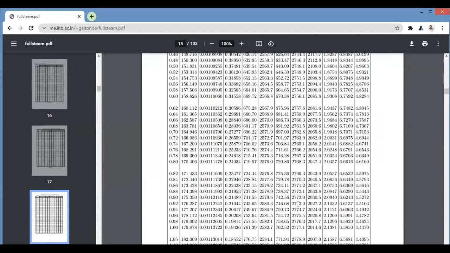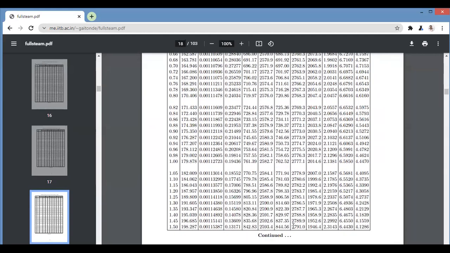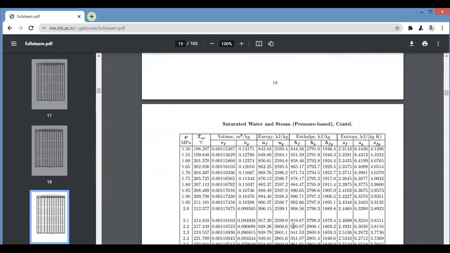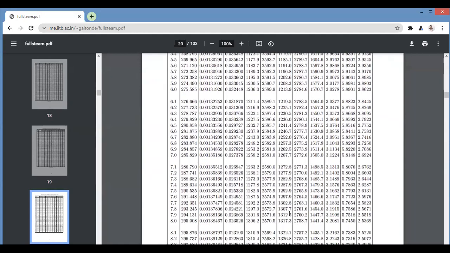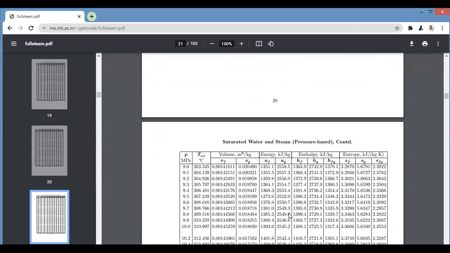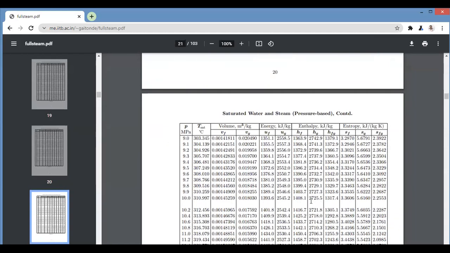This is Hg, and you would find that it is 2777 kilojoules per kg, as I had shown. And the 10 megapascal Hg value is this. The Hg value at 10 megapascal is 2727, approximately 2726 or 2727 kilojoules per kg. So easily we can find the specific enthalpy of dry saturated steam.